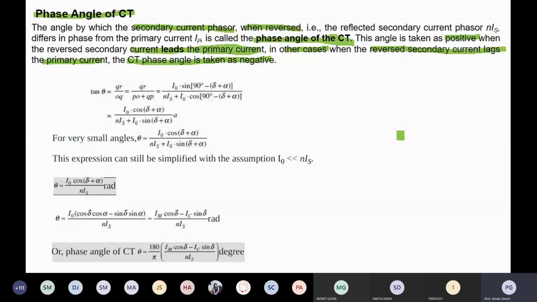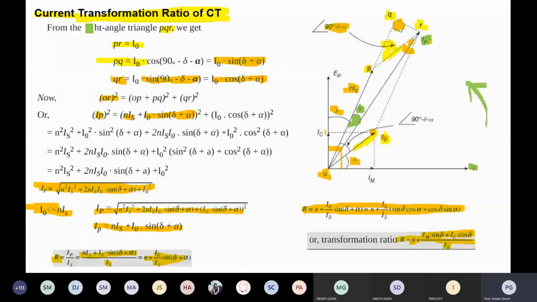Draw the phasor diagram, and similarly calculate all the steps, the right angle triangle steps, everything, on your own. That is your assignment.